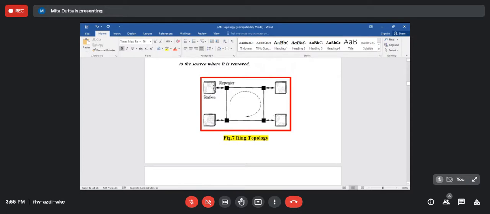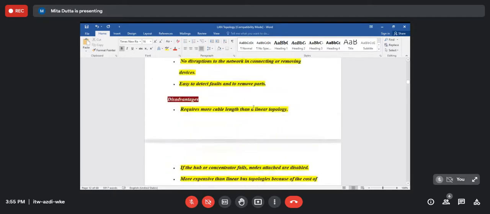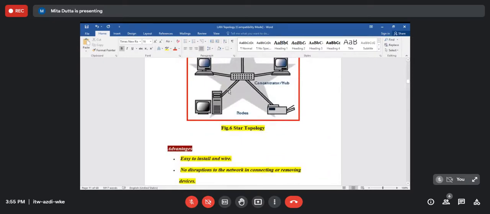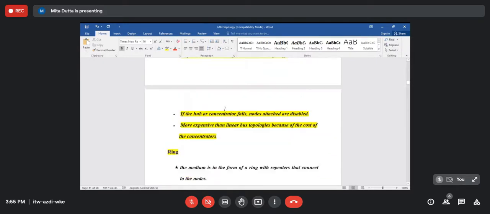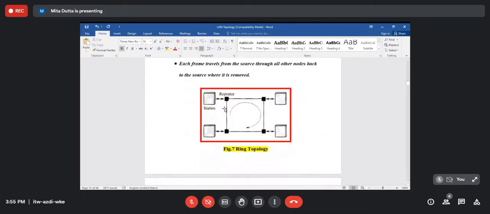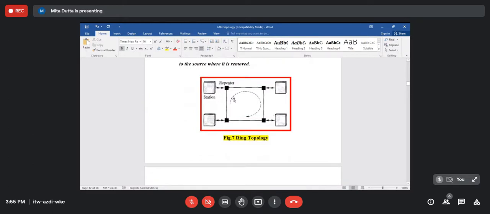Though we have shown a single bidirectional cable, here we are using two separate cables, one for transmission and another for reception, just like in star. Here the signal flows in one direction only.